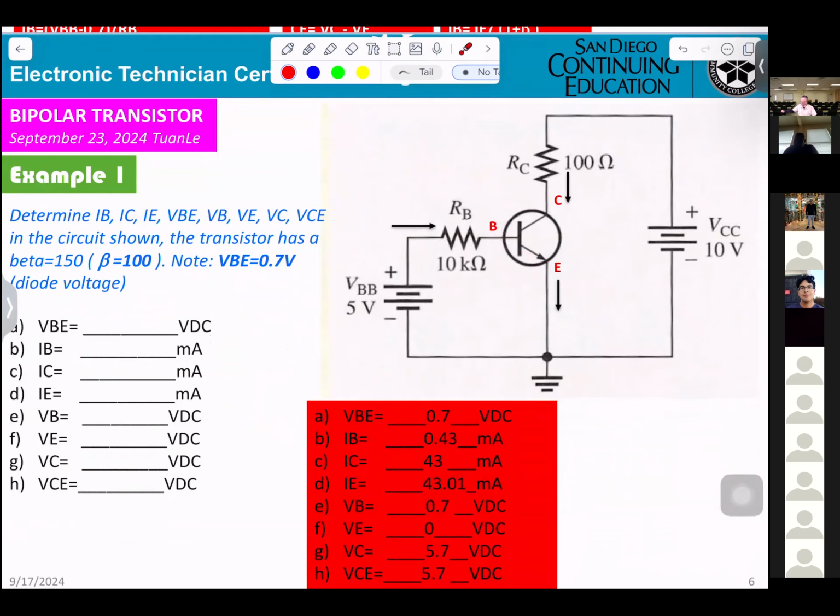And the diode will be 0.7 volt, like I already told you. Positive here, negative here, 0.7. That means from B to E. That's one diode. And that's 0.7.